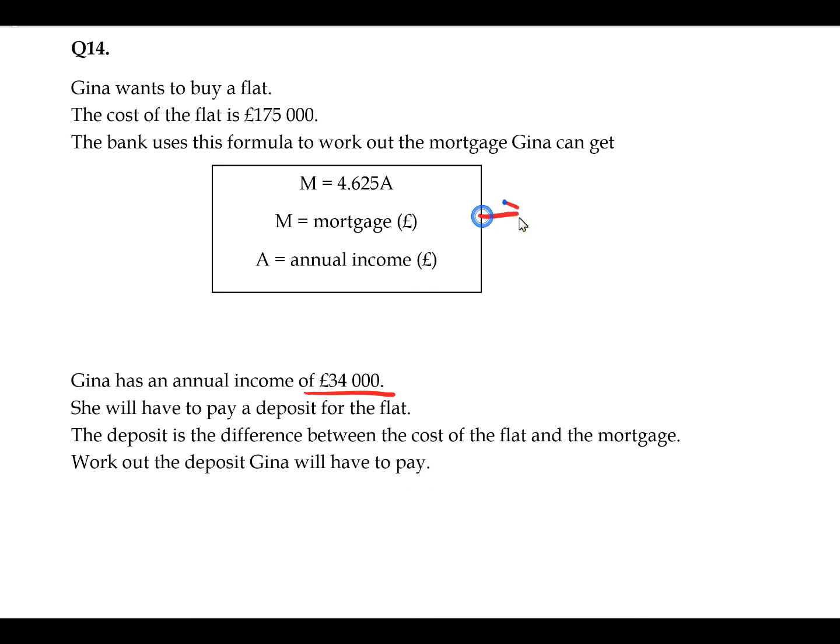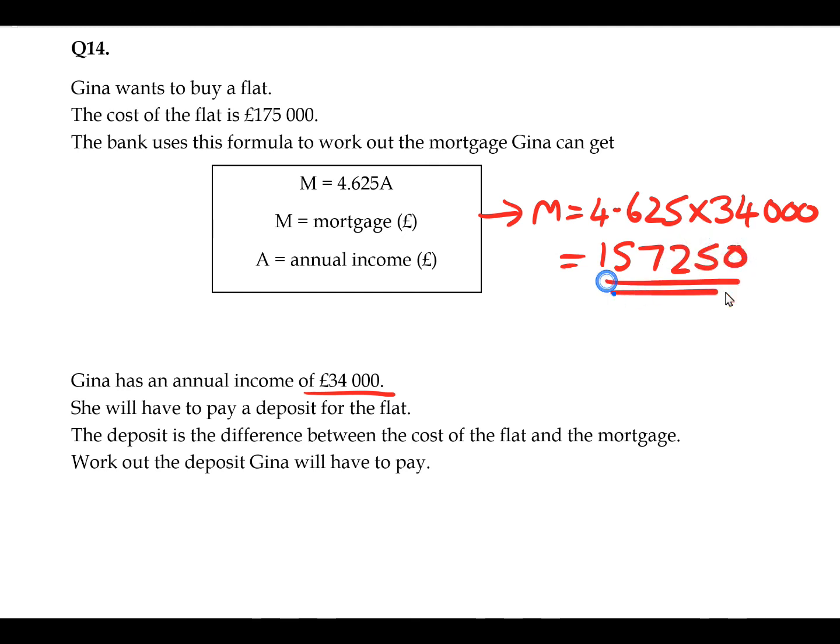So let's work out her mortgage first. So her mortgage is equal to 4.625 times her wage or annual wage of £34,000. Do this on your calculator. 4.625 times 34,000 equals £157,250 is her mortgage.